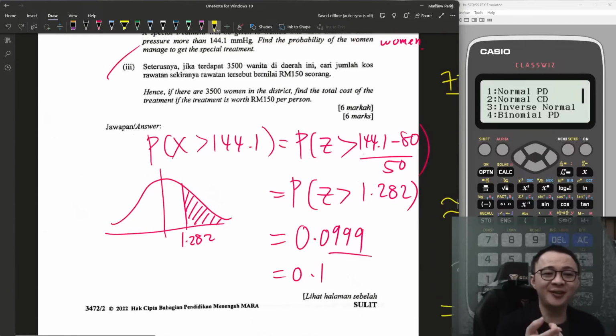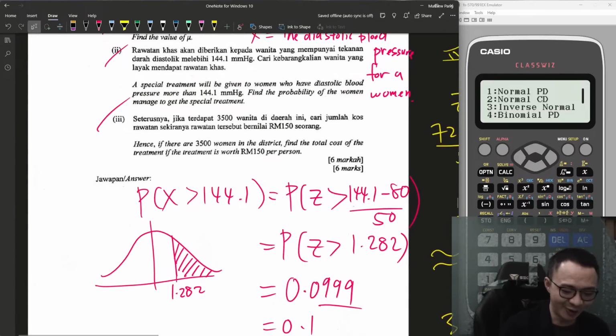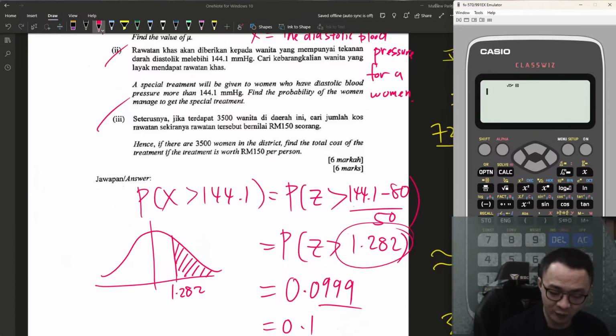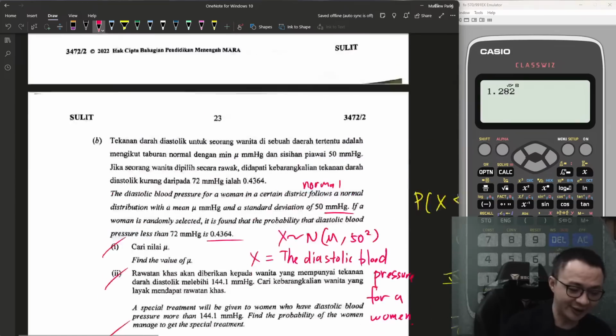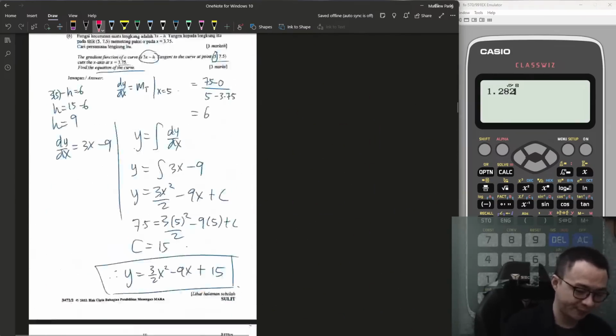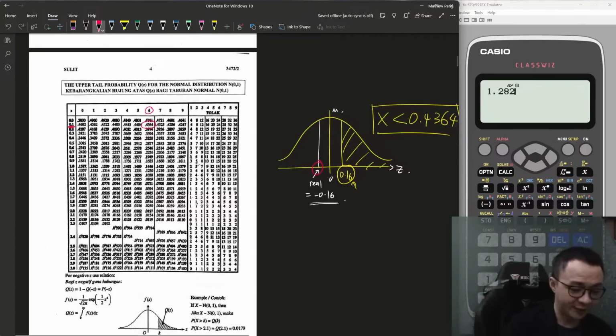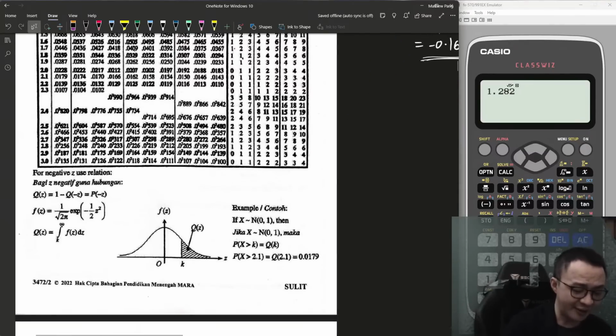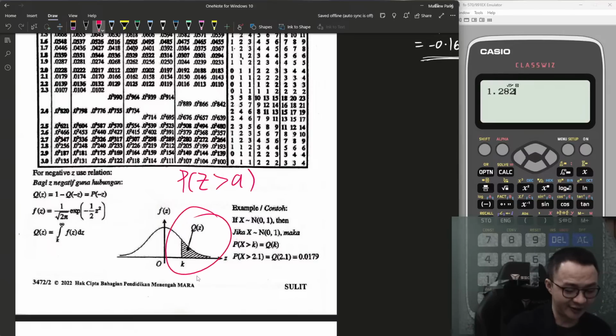So I believe the student actually asked how to find this value 0.0999. Okay, let's find 1.282 from the table. You see the table here, you can only use this table in 2 conditions. When z is bigger than a, you only take the left hand side half.